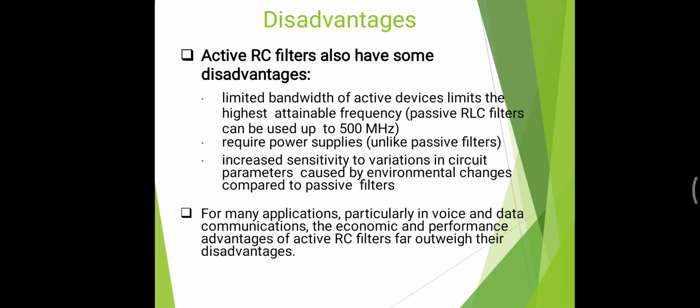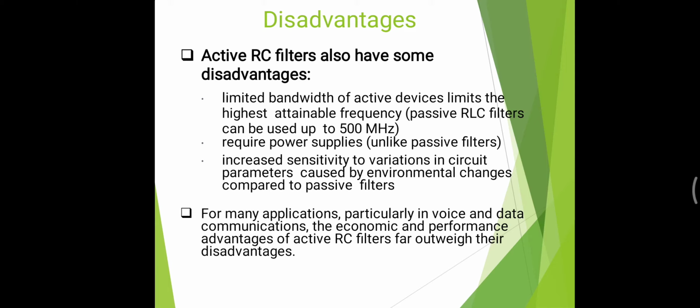In the next slide, every filter has certain disadvantages, and these are listed. Active RC filters also have some disadvantages. The limited bandwidth of active devices limits the highest attainable frequency; it will not give the highest frequency that passive RLC circuits can give.